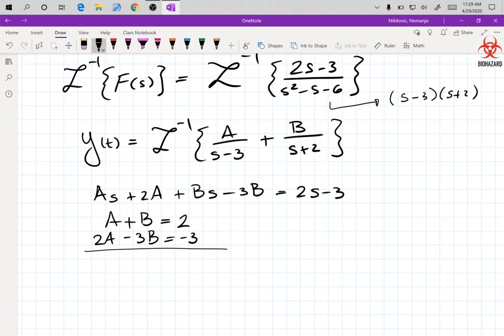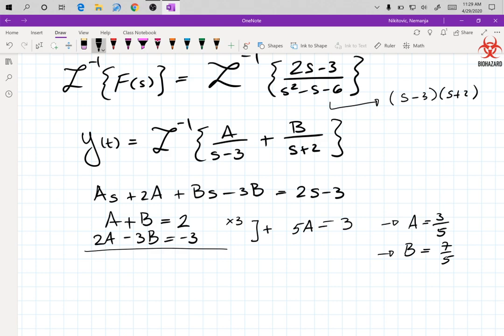Multiply the top equation by 3 and add the equations. Doesn't matter what you do, just get them done either way. That's going to give you 5A. B's are gone. 6 minus 3 is 3. And here is your A equals 3/5. We remember 3/5 from before. And that means that your B has to be, in order for them to add to 2, 7/5. We remember both of these numbers.